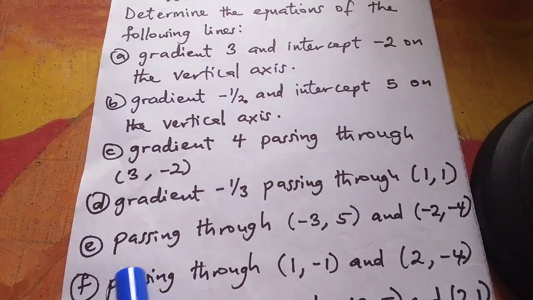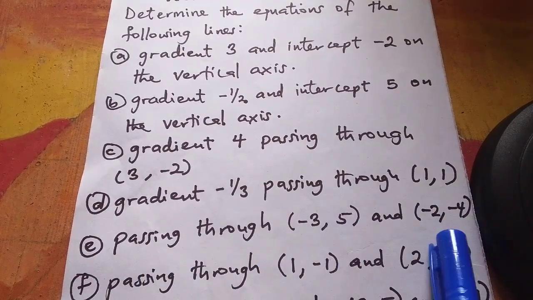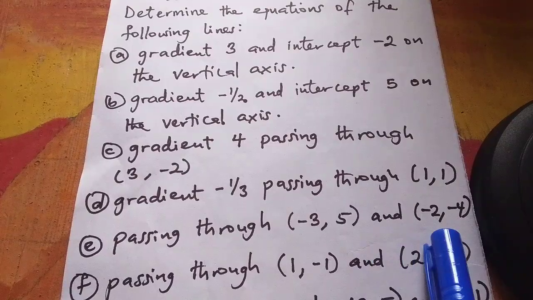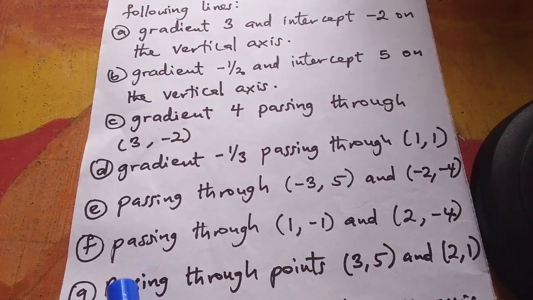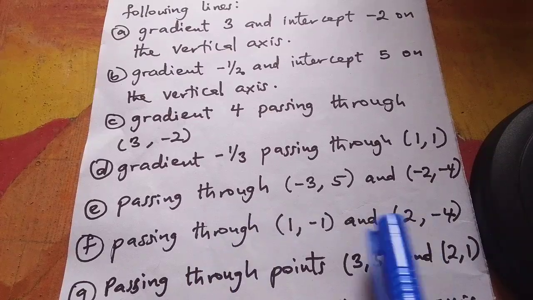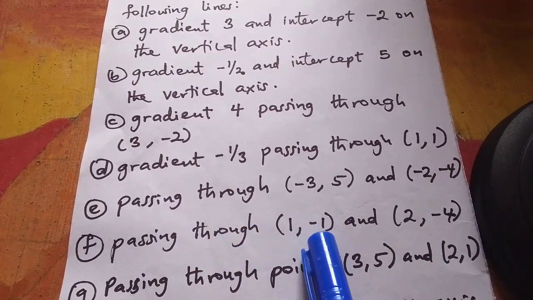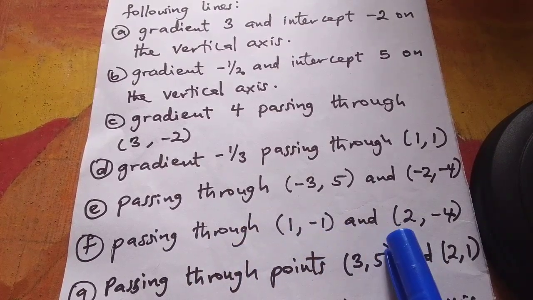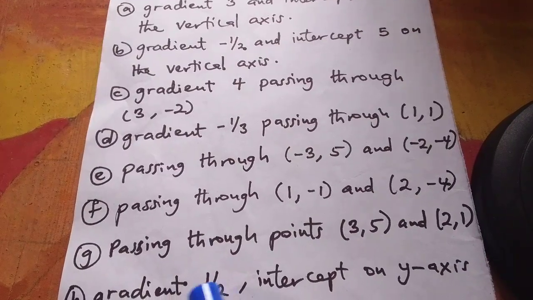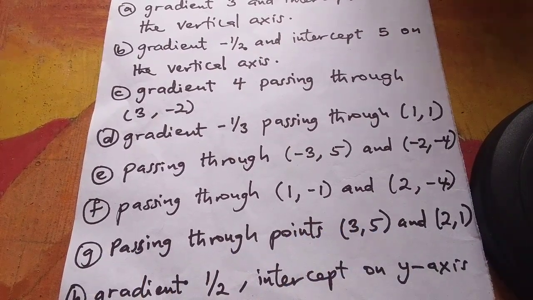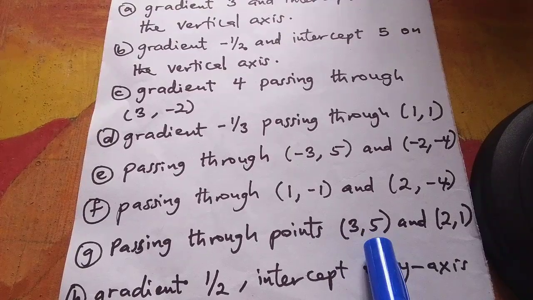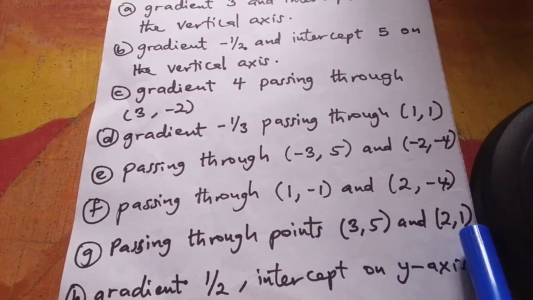Then E, when the line is passing through these two coordinates, (-3, 5) and (-4, -2). Then F, when the line is passing through these two coordinates, when x is 1, y is minus 1, and when x is 2, y is minus 4. Then G, when the line is passing through these two coordinates, when x is 3, y is 5, and when x is 2, y is 1.